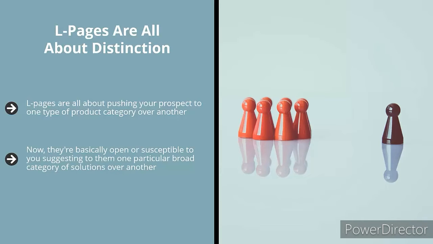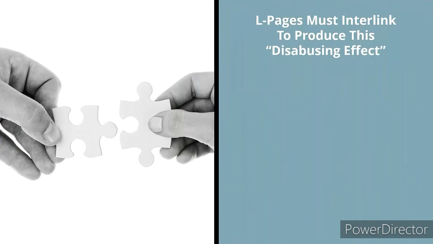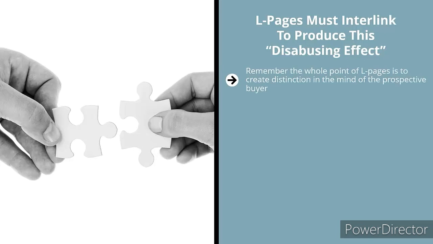Now, they're basically open or susceptible to you suggesting to them one particular broad category of solutions over another. In many cases, this involves disabusing them of earlier held beliefs regarding other options. L pages must interlink to produce this disabusing effect. Remember, the whole point of L pages is to create distinction in the mind of the prospective buyer.